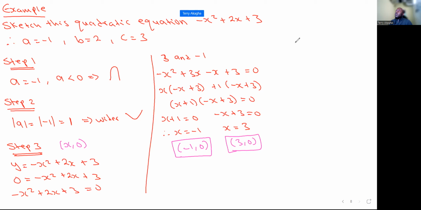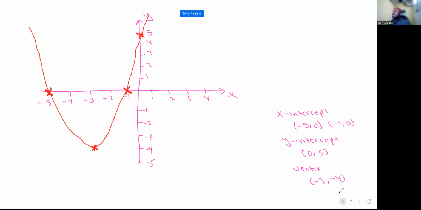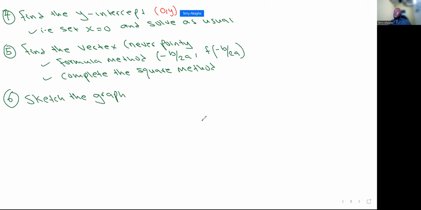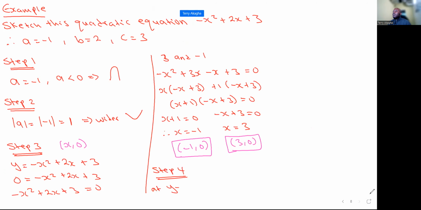So the next one is step 4, which is the y-intercept. We're told that we need to find the y-intercept. At the y-intercept, we know that x is equal to 0.